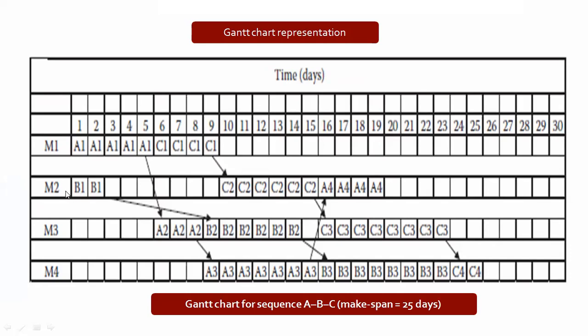For machine 2, B1 B1, C2 C2 C2 C2 C2, A4 A4 A4. And with respect to the machine, you have the activity for A1, B2, C2, meaning ultimately you have a span of 25 days, and how you are able to use and connect the machines.